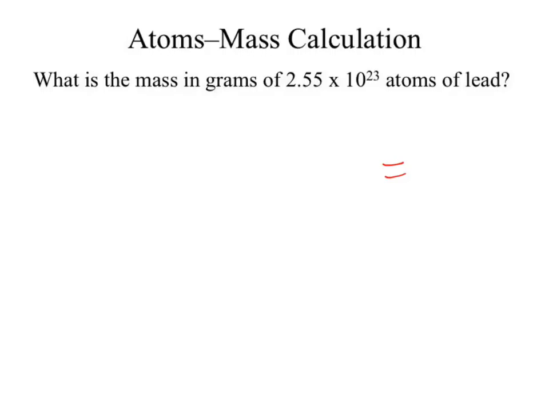So I heard 2 answers, atoms of lead and mass in grams. We're looking for the mass in grams of lead. Atoms is not part of it. Atoms is a separate unit from grams. What did we start with? Atoms of lead.